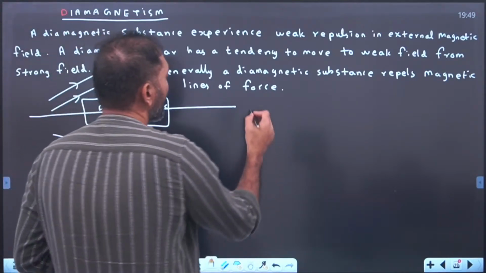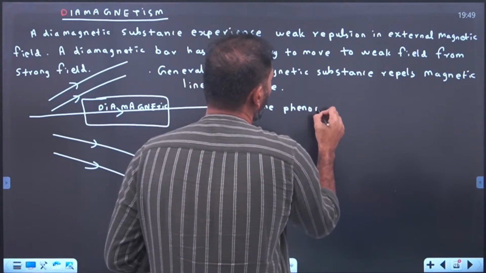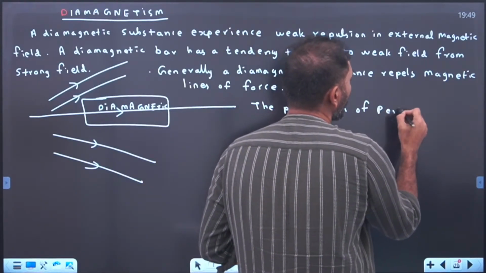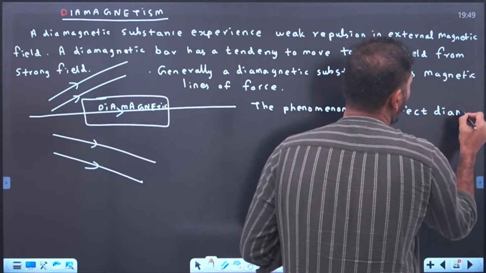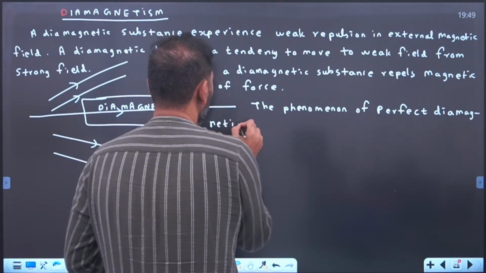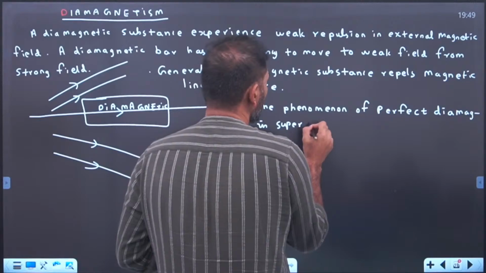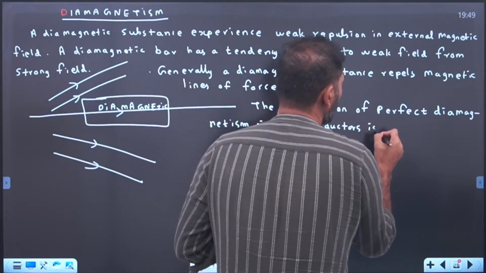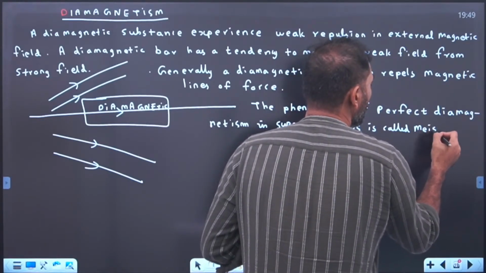Now, the phenomenon of perfect diamagnetism in superconductors is called Meissner effect.